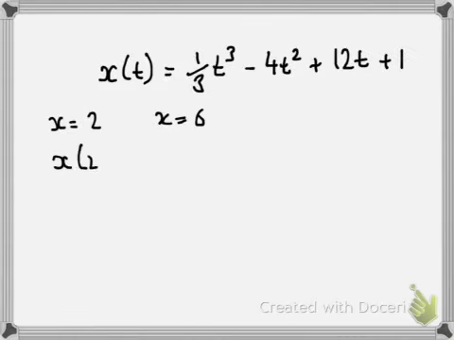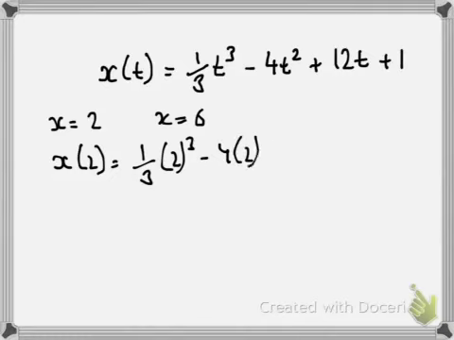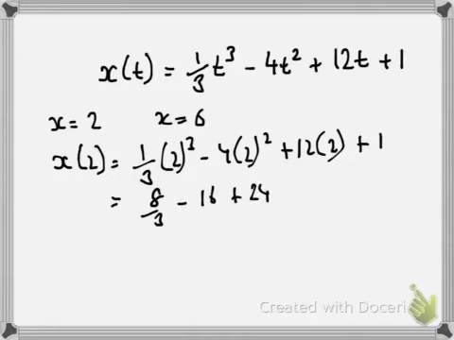We get x of 2 equals a third times 2 cubed minus 4 times 2 squared plus 12 times 2 plus 1. It's going to be 8 on 3 minus 16 plus 24 plus 1. Okay, and that's going to be, let me see, 25 minus 16 is 9. I think that's going to be 11 and 2/3.